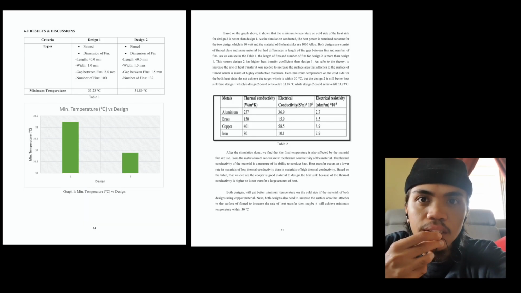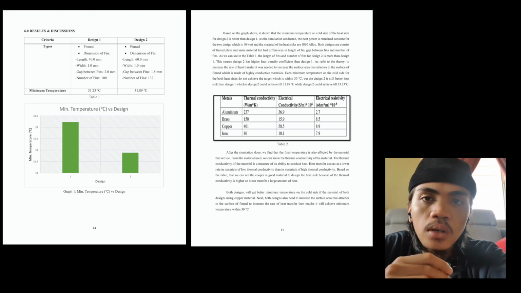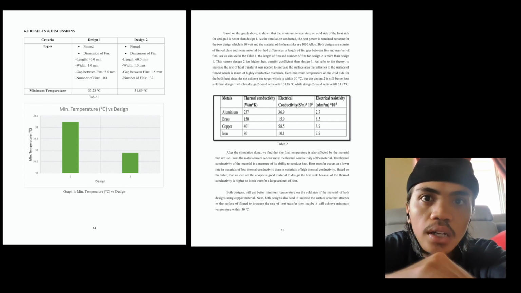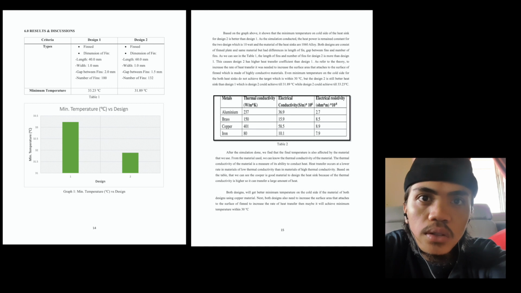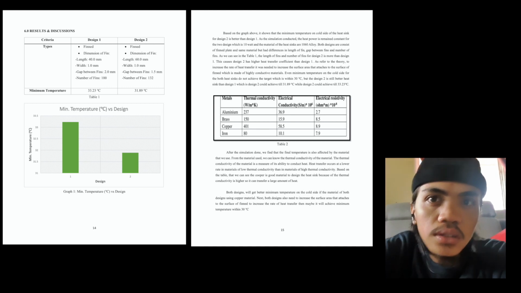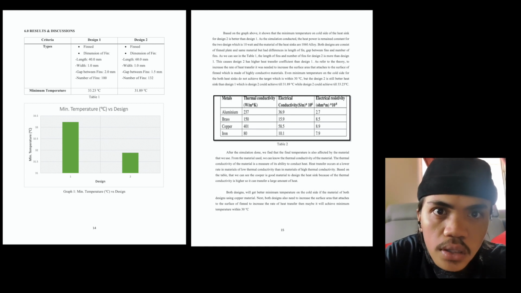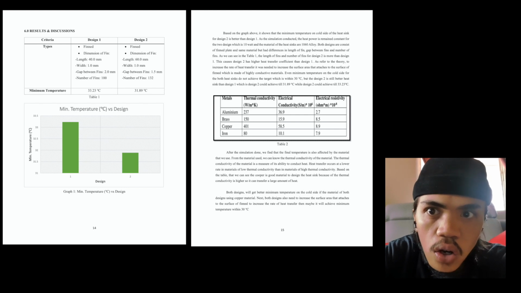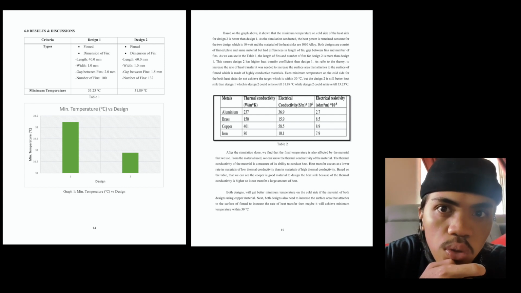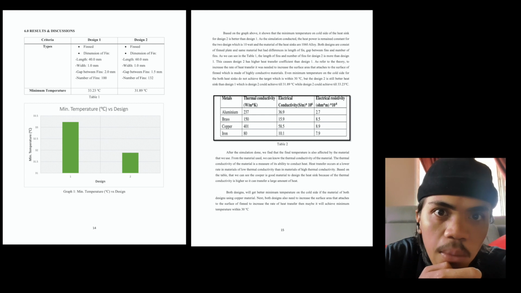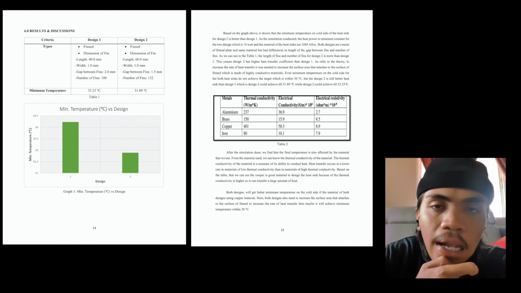Okay, discussion. Based on the graph, it's shown that the minimum temperature on the cold side of the heat sink for design 2 is better than design 1. In the simulation conducted, the heat power remains constant for the two designs, which is 10 watts, and the material of the heat sink is 1060 alloy.